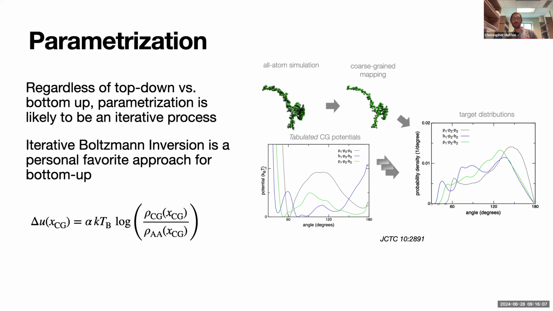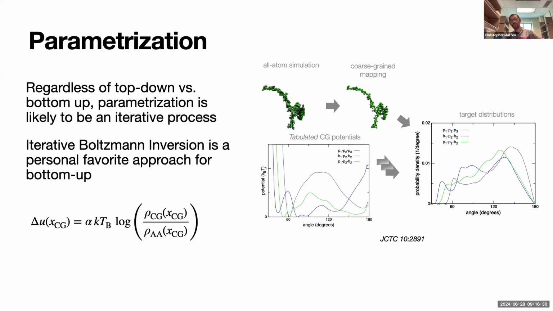So here, rho CG is the distribution you get from the coarse grain simulation, and rho AA is the all-atom target distribution. So basically, if your coarse grain distribution is too high in a place, it's too attractive and you should raise your potential there.